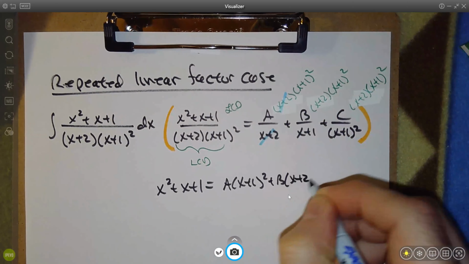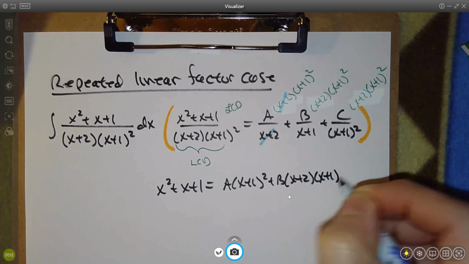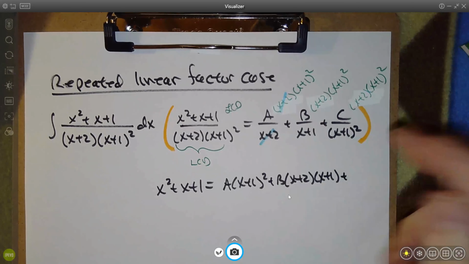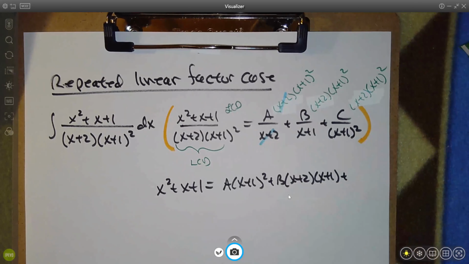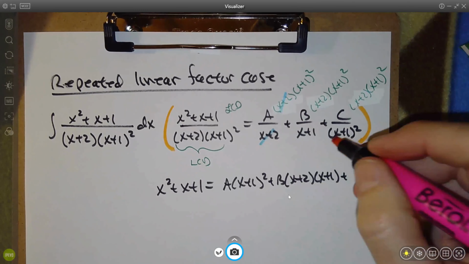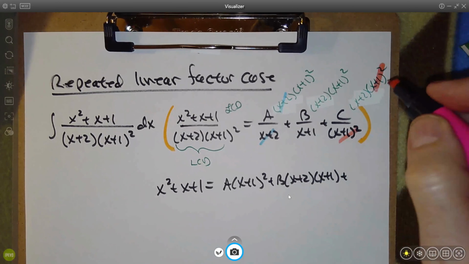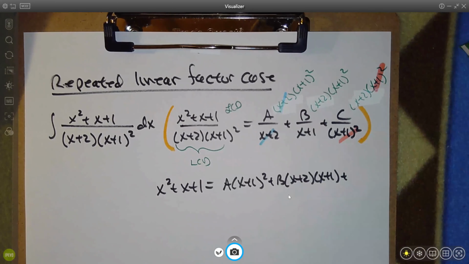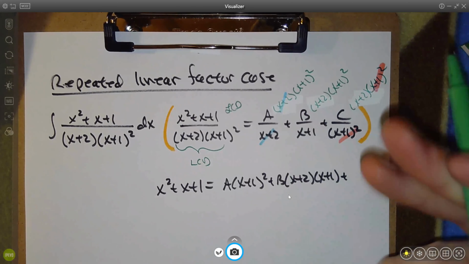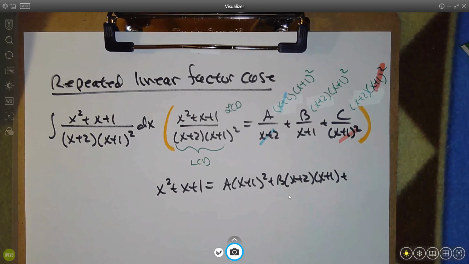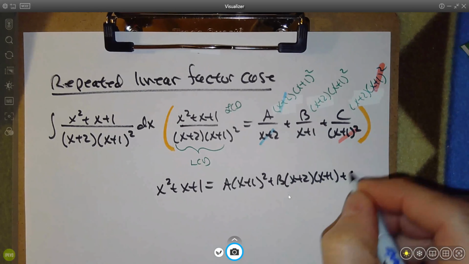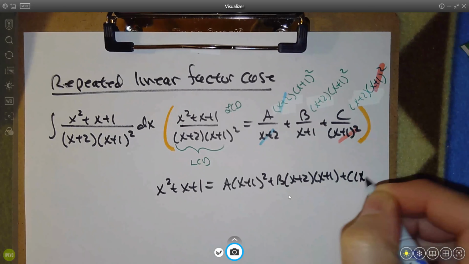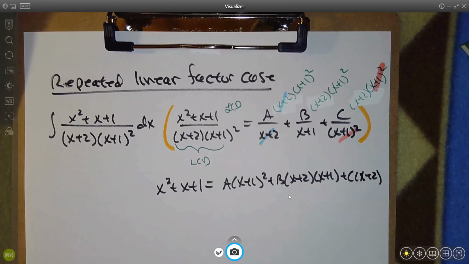And finally, in the third one, the x plus 1 squared cancels completely, so it leaves me with C times x plus 2. Yay.